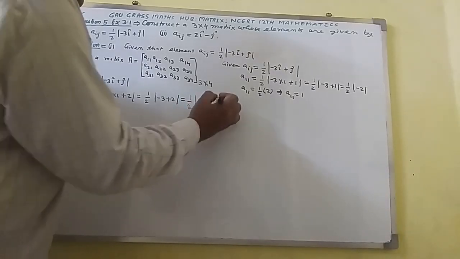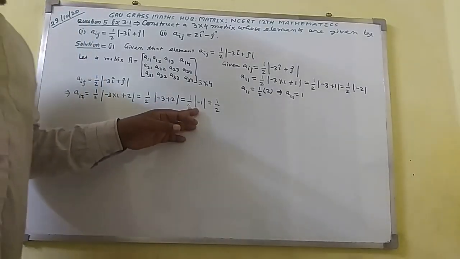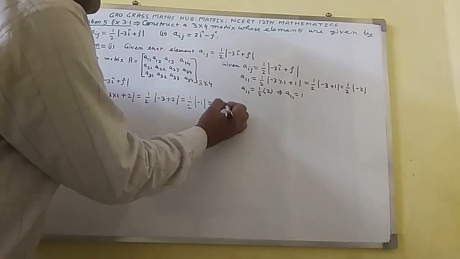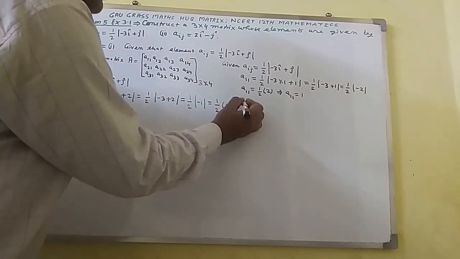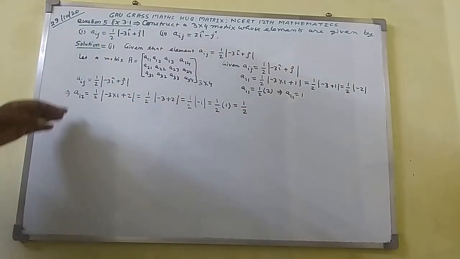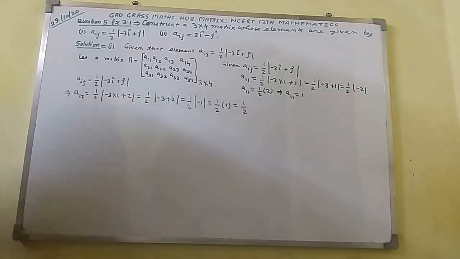Mod of minus 1 you will get only 1, comes out to 1 over 2. The value of A12 you have got is 1 over 2.